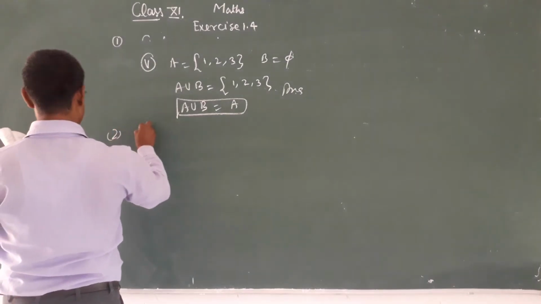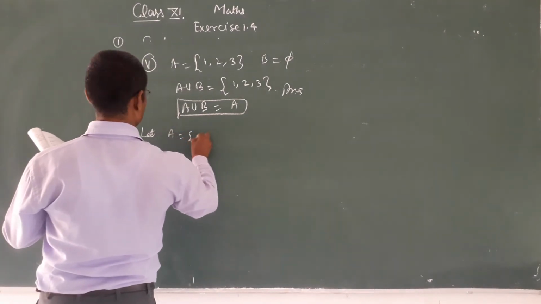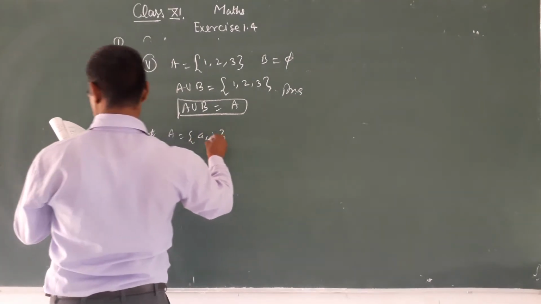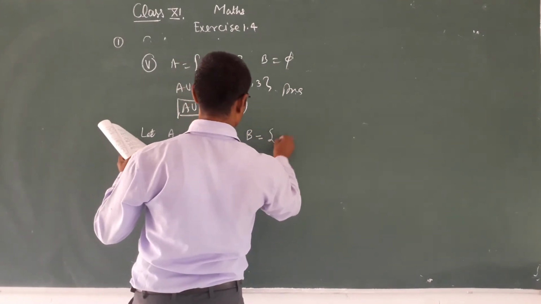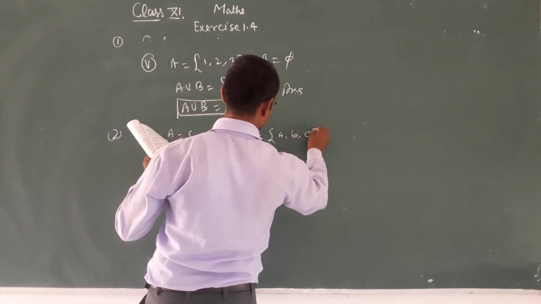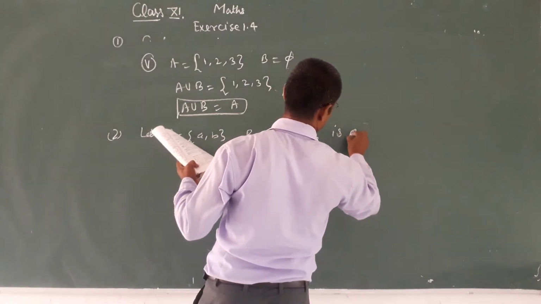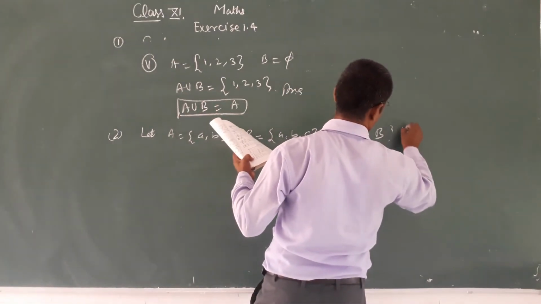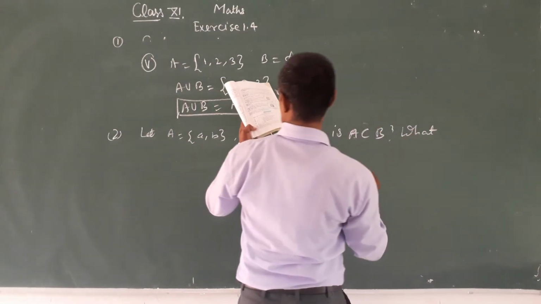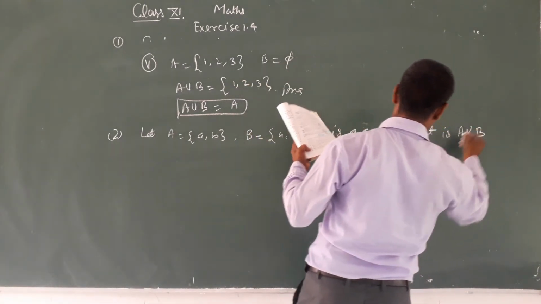And also question number 2: let A be the set {a, b} and another set B is equal to {a, b, c}. Is A a subset of B, and what is A union B?